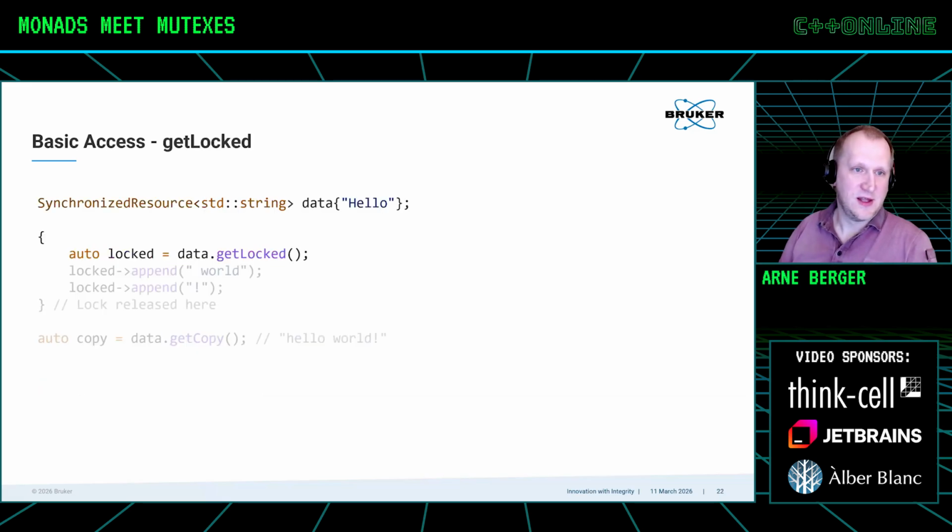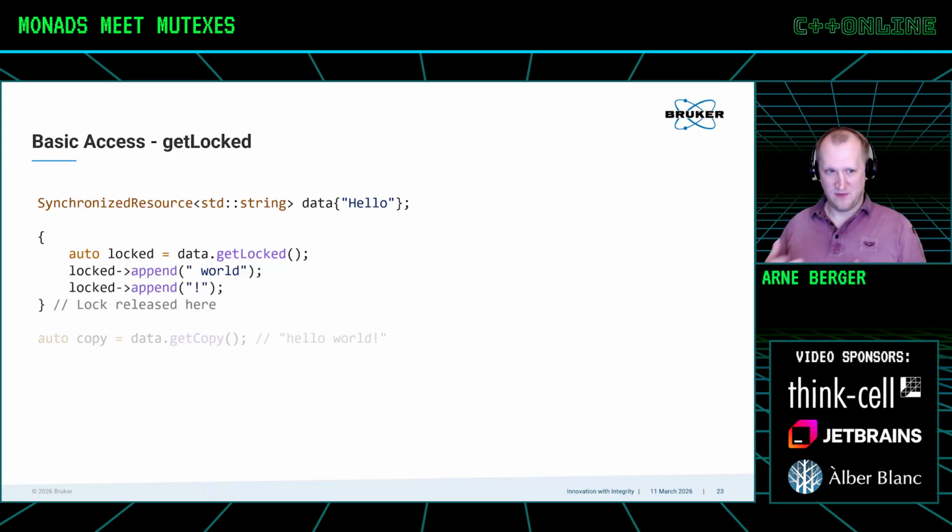And that's why I also thought about the get locked function, where we get a proxy type back that allows us access to the references via basically pointer semantics, or the arrow operator here, to access what's underneath.